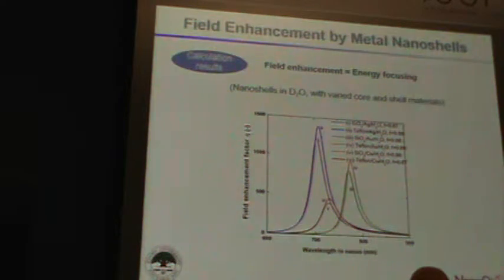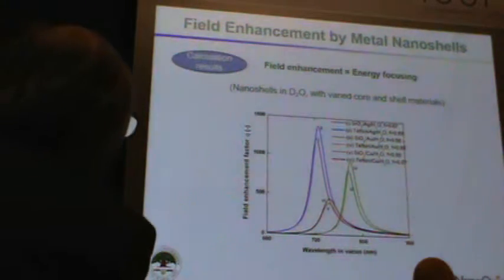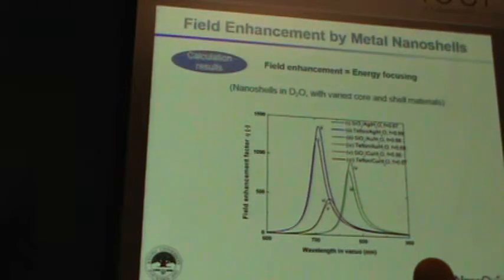And I see the core material should be better for having lower refractive index, such as oxide or like Teflon. If we could have a hollow type, so like the air core, that would be the best. And for the shell materials, it may be good to use noble metals such as silver, gold, and platinum could be a little bit lower, but still fine.